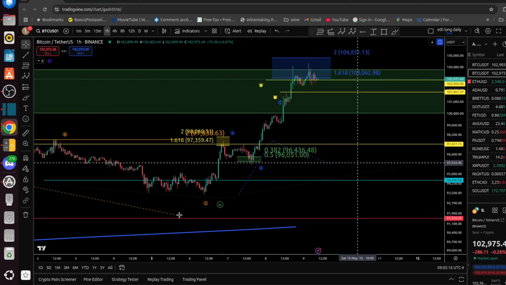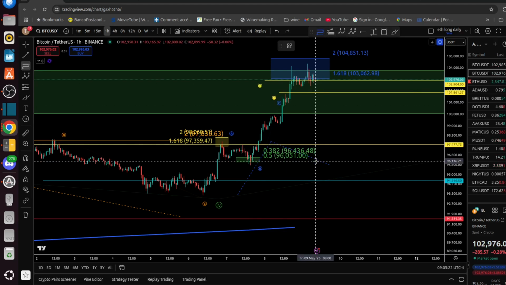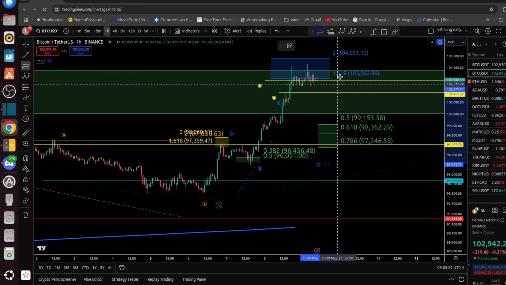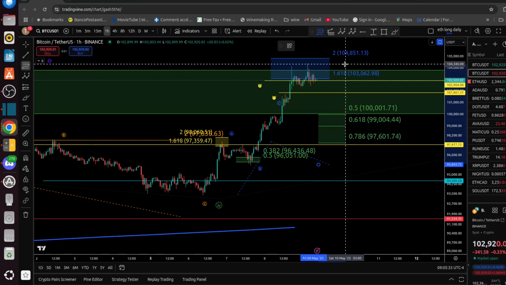Okay, so now if this is the A, the B, I'm going to do a fib retracement just for this potential C wave, and that's going to give me a level where I can say, if it goes below this level, first indication that we did reach the top.